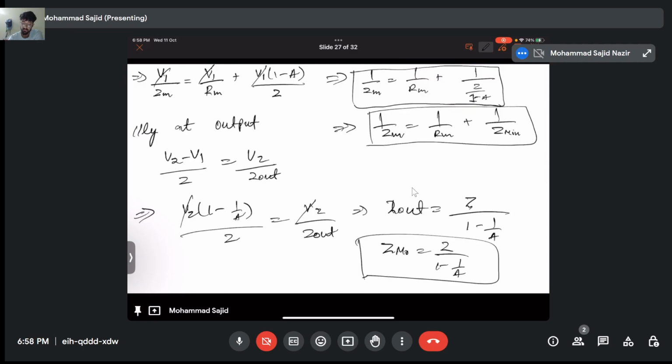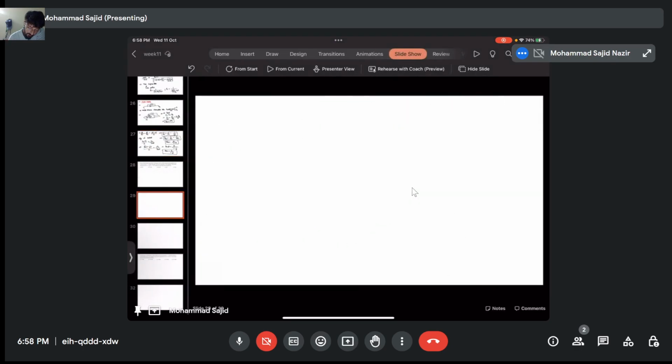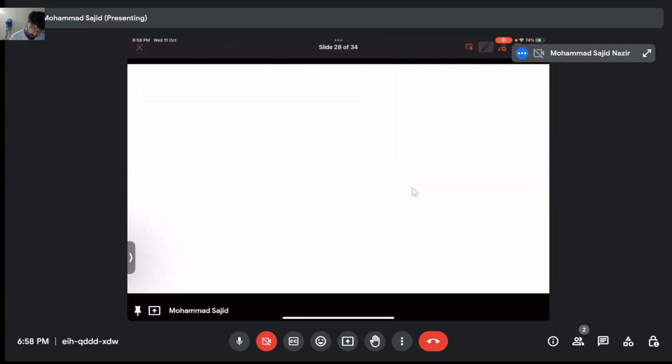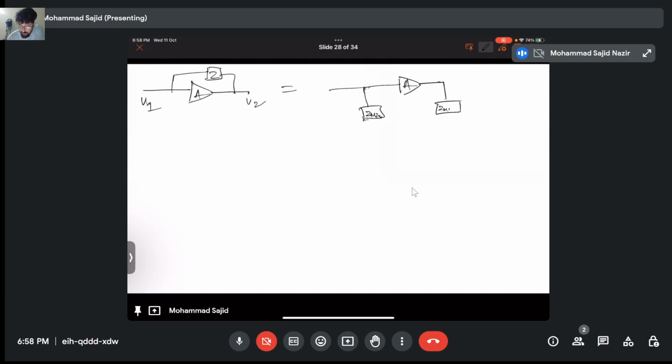So you see, Z Miller input is simply Z divided by 1 minus A. So now you decouple, and this is equivalent to Z Miller input and Z Miller output. Okay, and now you know the values.